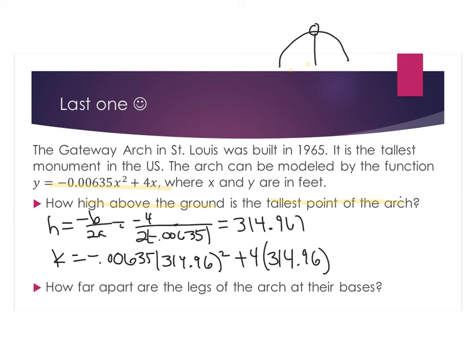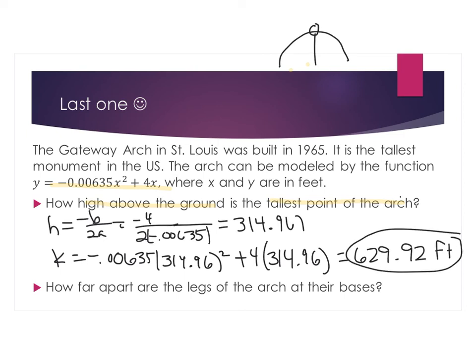And I would type that exactly like I see, including the parentheses, into a calculator. And hopefully you get something along the lines of 629.9192 feet. Okay, and that's what you would have to do for the first part.